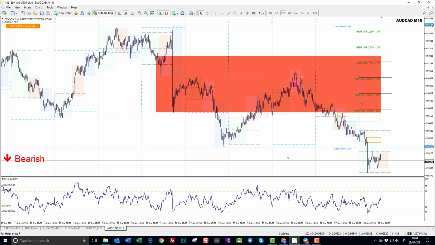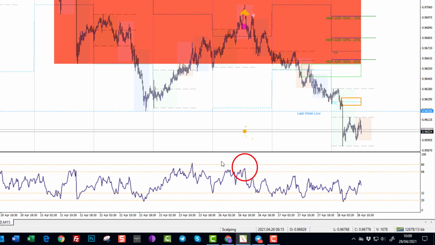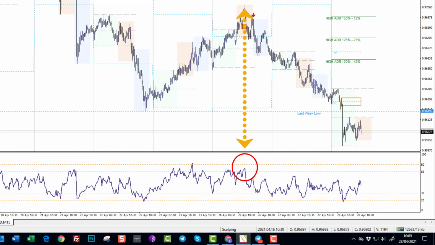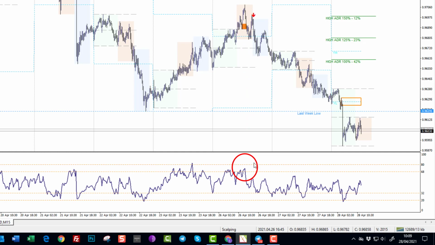And to add additional confluence, as with any strategy, what you want to do ideally is have an extended condition on your confirmation indicator. In this case, I'm using the relative strength index indicator. So when we get this reversal alert on M15 and we have our peak put in before the alert triggers, I ideally want to see the RSI being extended above the higher levels to tell us that it's a really good opportunity for taking a short.